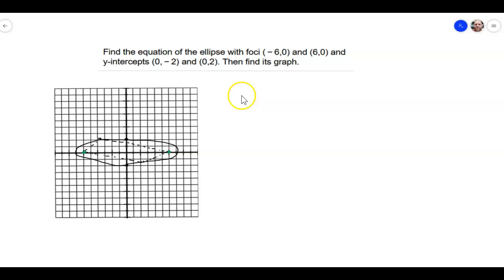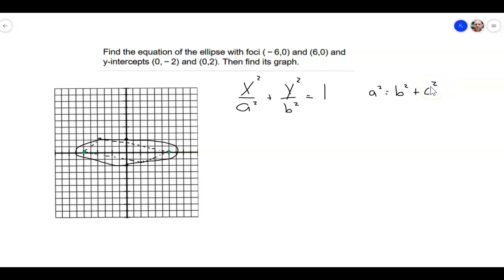It's going to look like this: x squared over a squared plus y squared over b squared is equal to 1, where a squared is equal to b squared plus c squared.